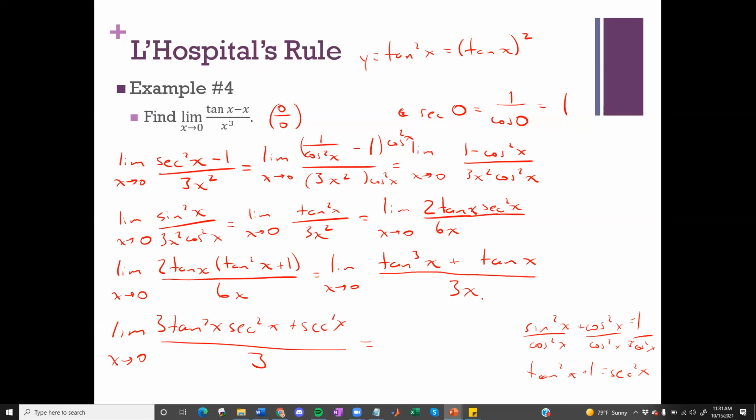Can we do anything with this now? Is this limit defined where x equals 0? What is it? I think it's actually 1/3.